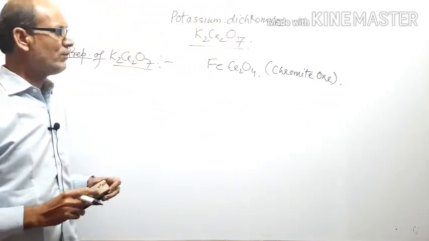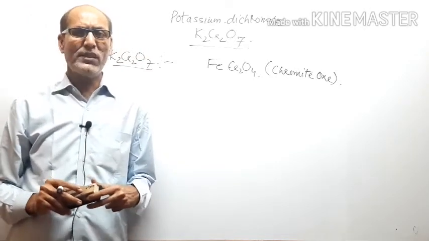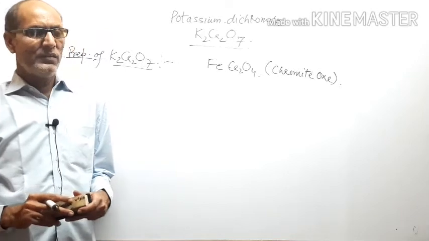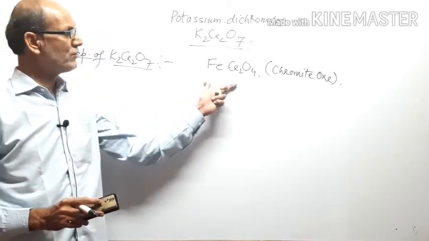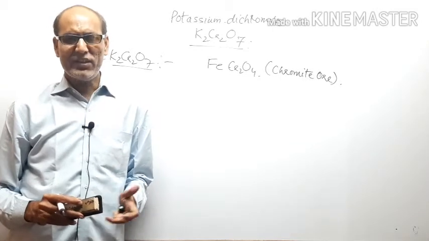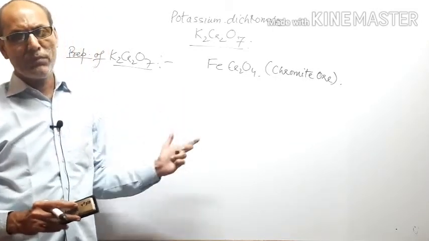First of all, chromite ore is heated with sodium carbonate and oxygen. So on heating chromite ore with sodium carbonate and oxygen, we get sodium chromate.